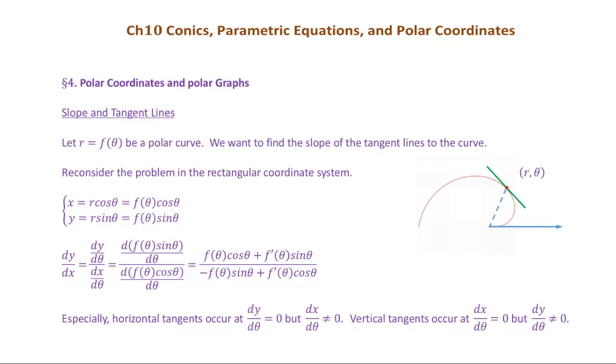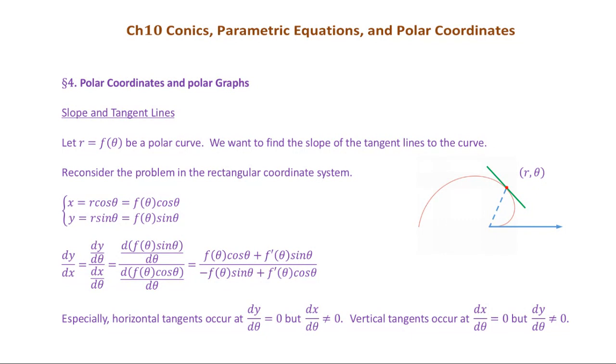Then we can use the formula we had before for parametric equations to find dy over dx, or the slope of the tangent line. That's always the case: the slope of the tangent line to a curve is dy over dx if we consider the problem in the rectangular coordinate system.